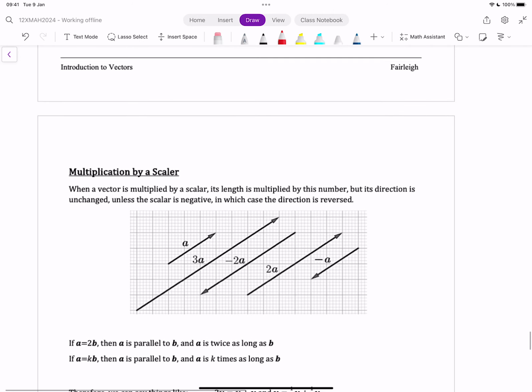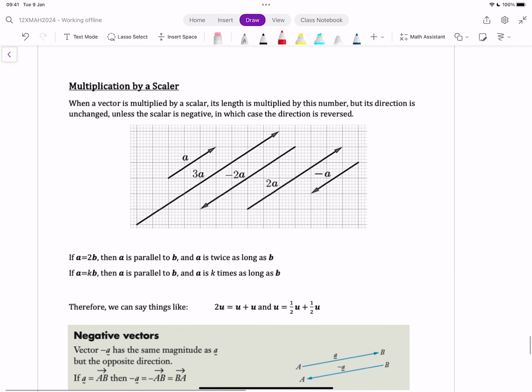Okay, multiplication by a scalar. A scalar is just some number. It's not a vector, it's a number like 2 or 3 or a half or square root of 5. When a vector is multiplied by a scalar, its length is multiplied by this number, but its direction is unchanged, unless the scalar is negative, in which case the direction is reversed.